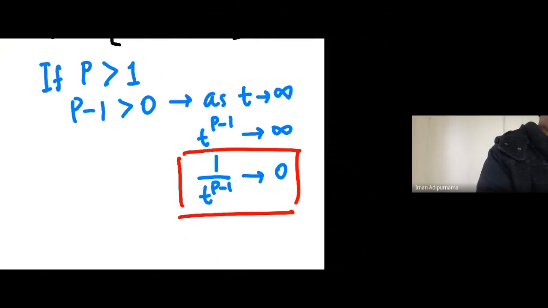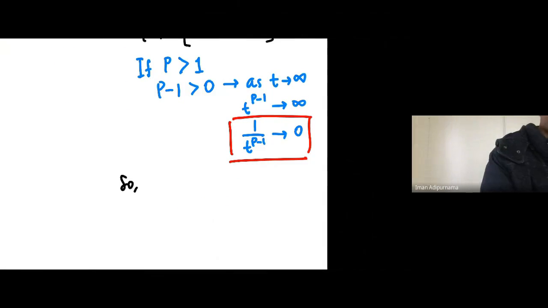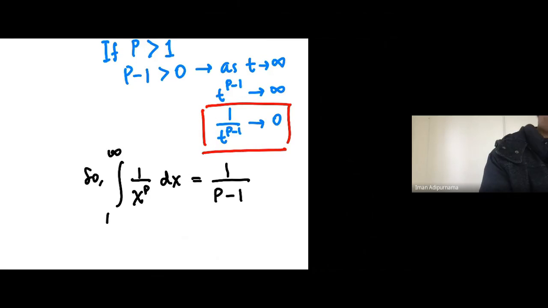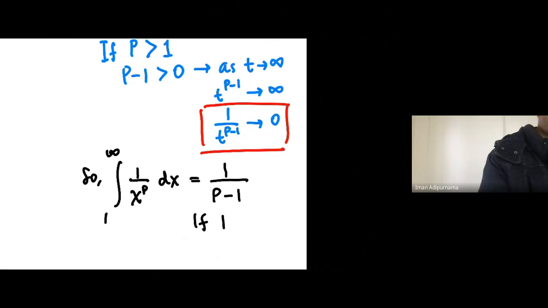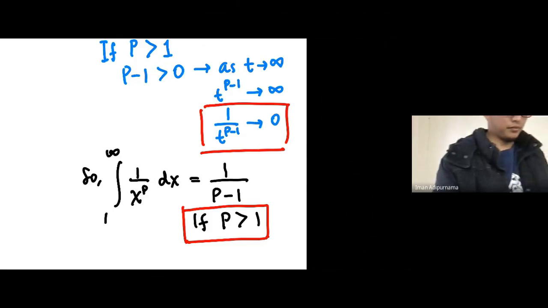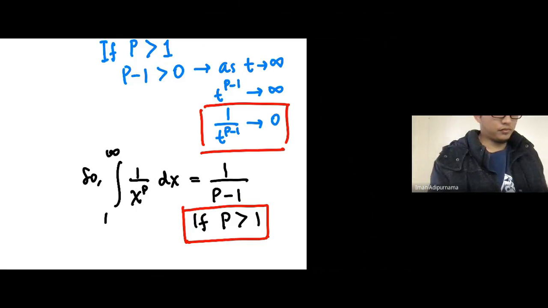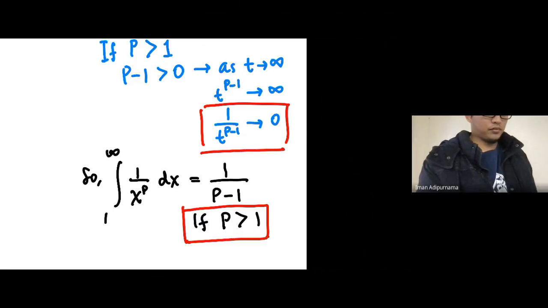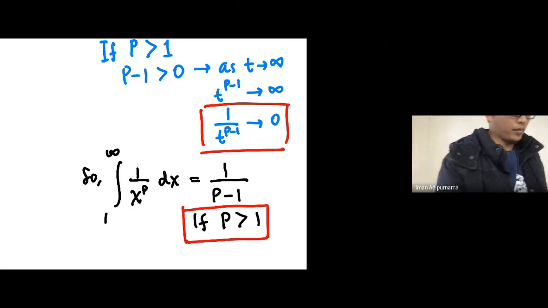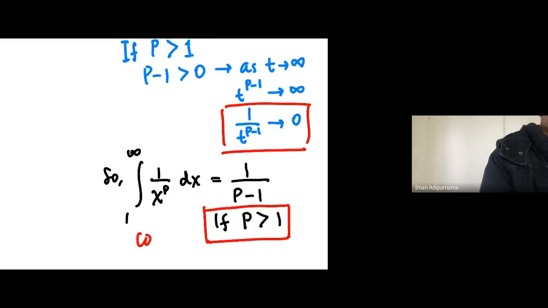Because of that, if you have the integral of 1 over x to the p dx, this will be 1 over p minus 1 if p is greater than 1. So the conclusion we can write is, this converges.